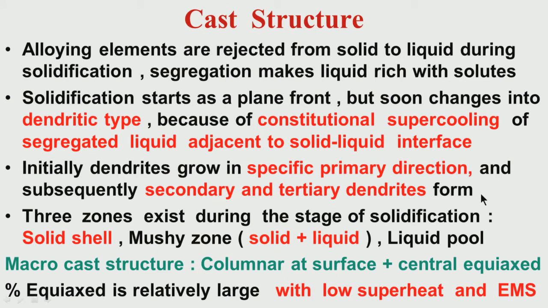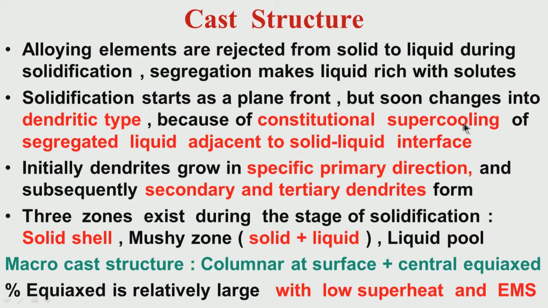So, it is very important to understand why you have solidification through dendrites: because you have segregation, because we are casting an alloy, not a single element. There are a lot of solutes in it, and all those solutes are enriching the liquid. Because of this, the solidification temperature of the liquid is coming down, and it is becoming relatively cool.